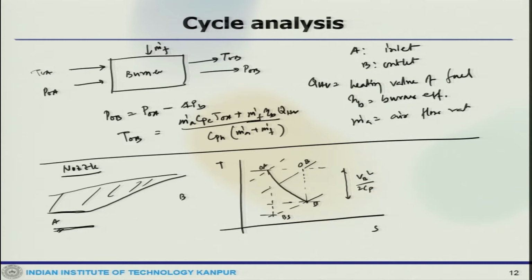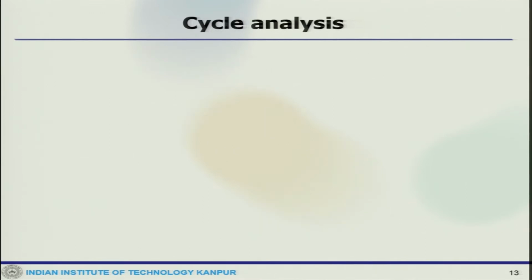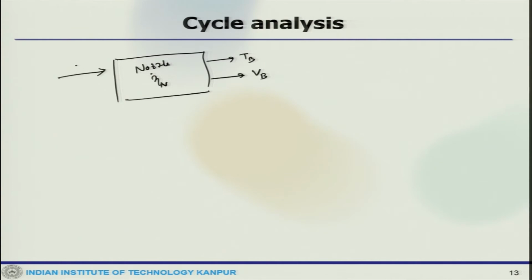And if I draw the block diagram again, here is the nozzle. It has nozzle efficiency of eta n, exit velocity VB, exit temperature TB, inlet T naught A, P naught A. Again A is inlet, B is outlet.